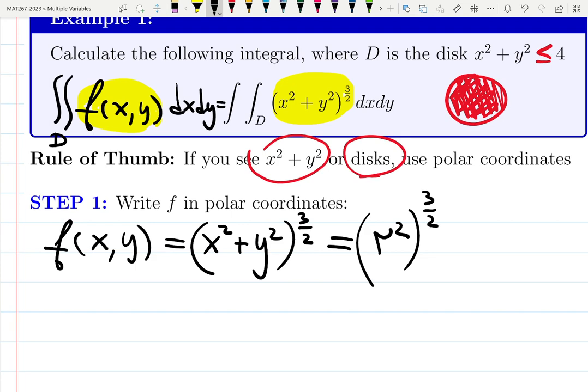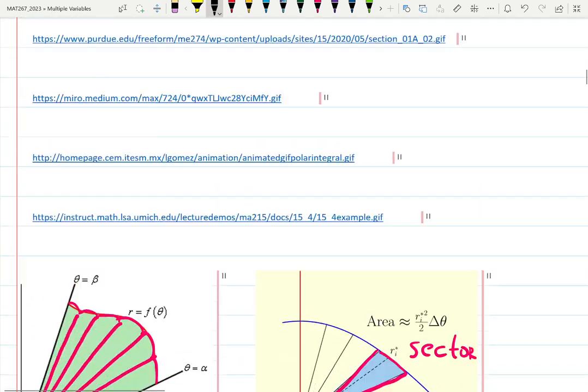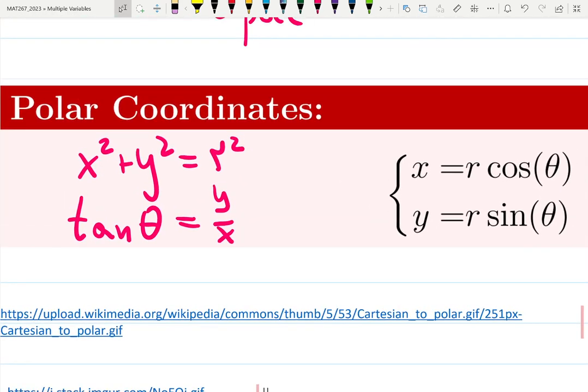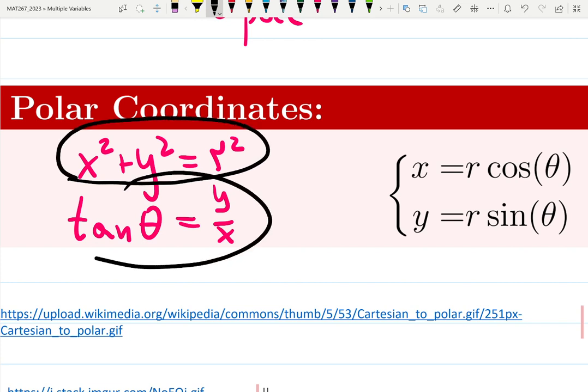Does it make sense? So first, rewrite. What was the other one under the x squared? Let me check. Here. Oh, tangent. Tangent theta equals y over x. If you have tangent, sines and cosines, you use that formula to jump between. The first two formulas help you jump to polar, the second formula helps you jump to Cartesian, and so on.